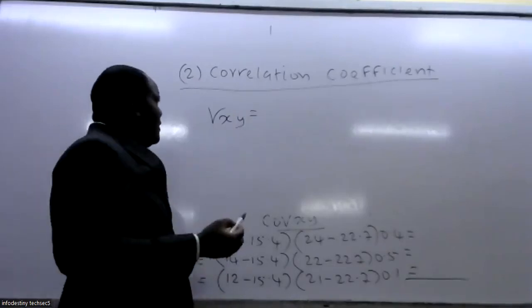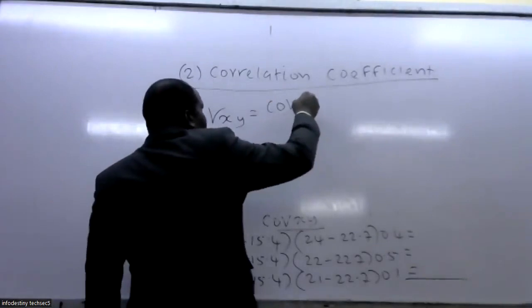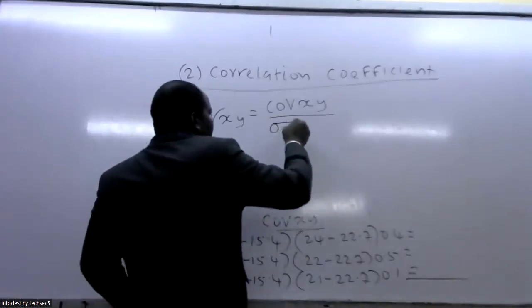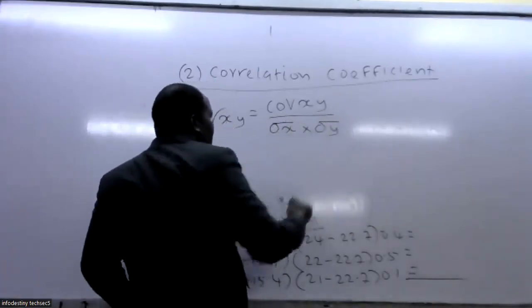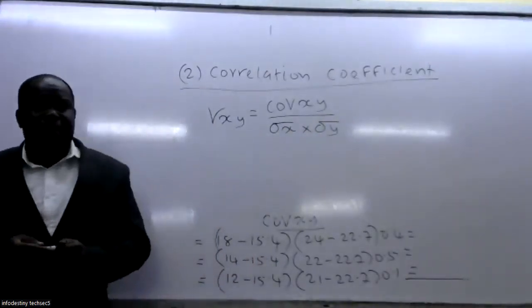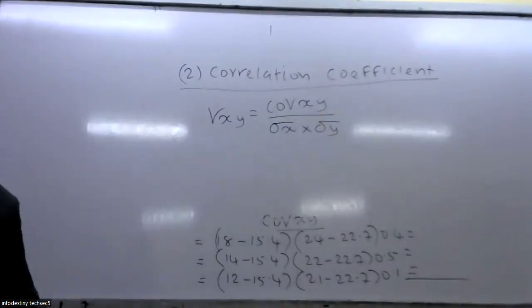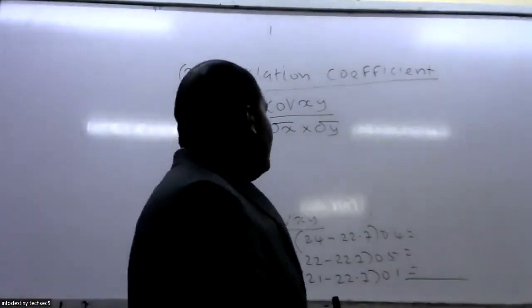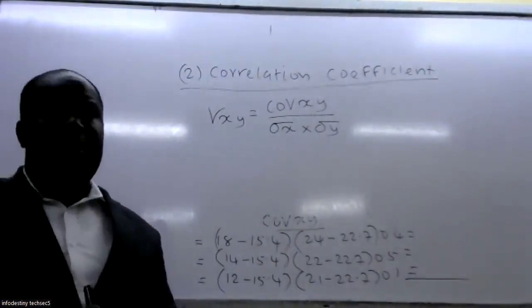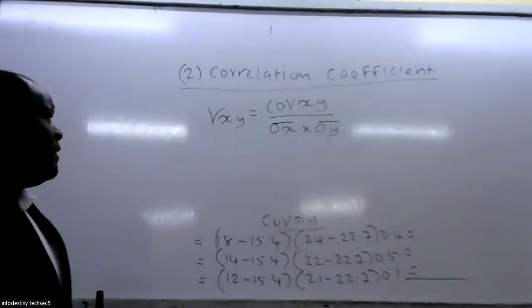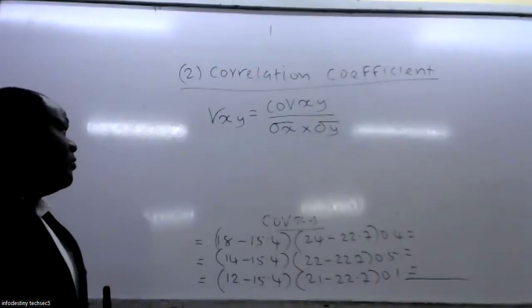It will be given by the covariance between X and Y divided by the standard deviation for X multiplied by the standard deviation for Y. So far, we have already calculated the covariance.